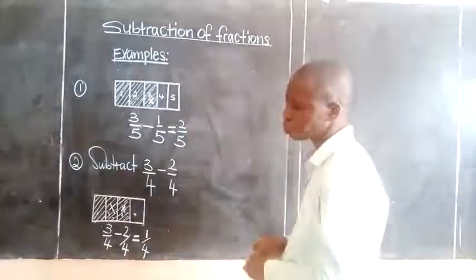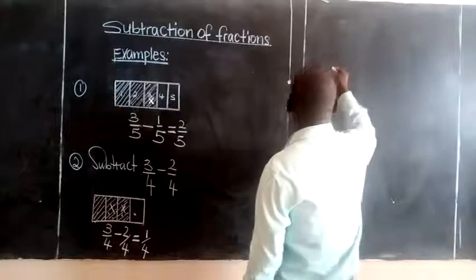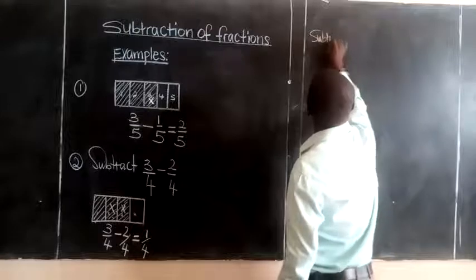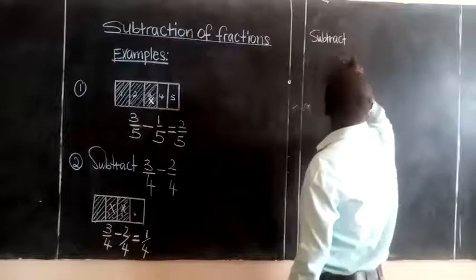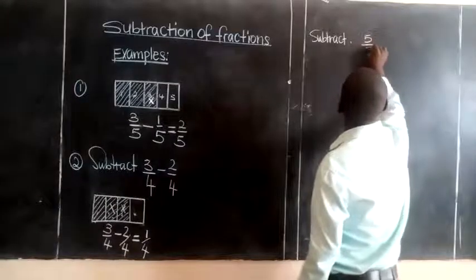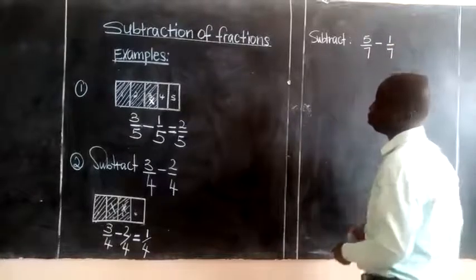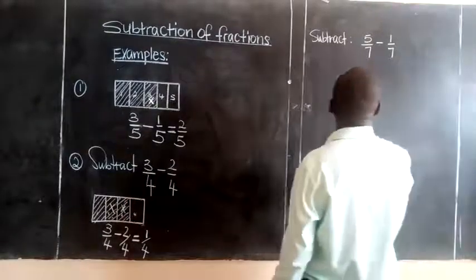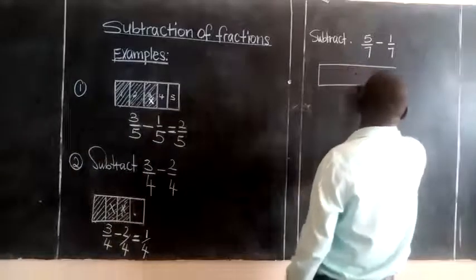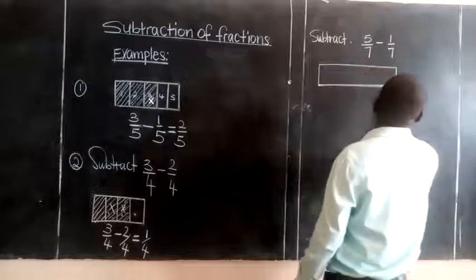Another example. They can still tell you to subtract 5/7 take away 1/7. So what do we do? We draw our diagram like that.